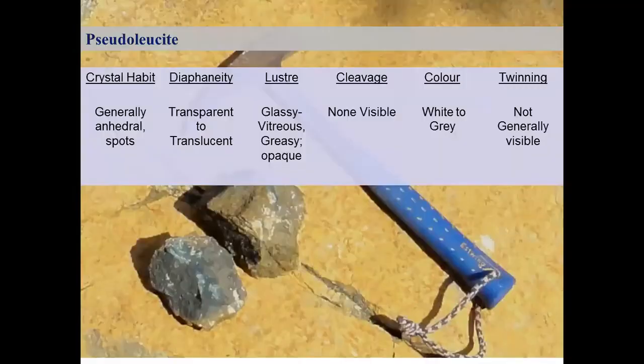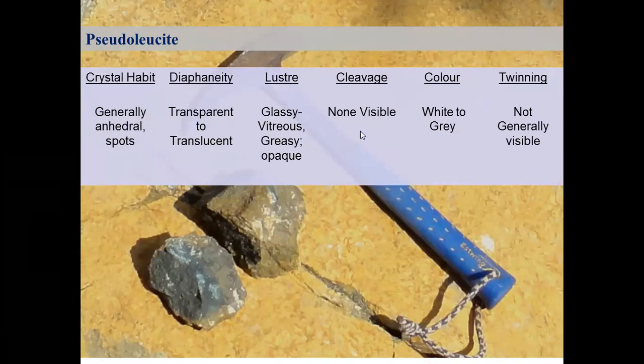Right, let's look at the general rundown for our pseudoleucite. Anhedral, spots, technical term if you like. Transparent to translucent: the transparent stuff is the nepheline, and the translucent is the alkali feldspar. And as I say, it's the greasy material which is the nepheline. Opaque is the alkali feldspar.